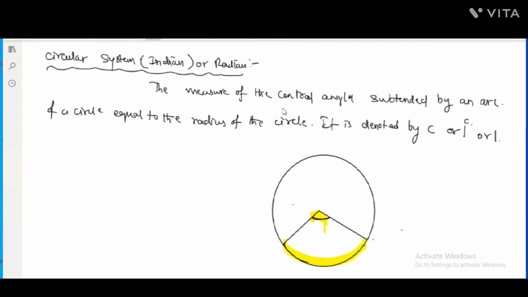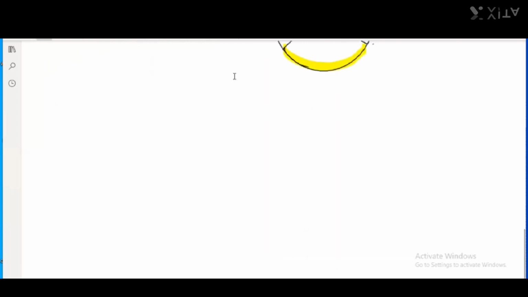There is a good relation between D, G, and C, which is useful for solving problems and converting angles from one system to another.